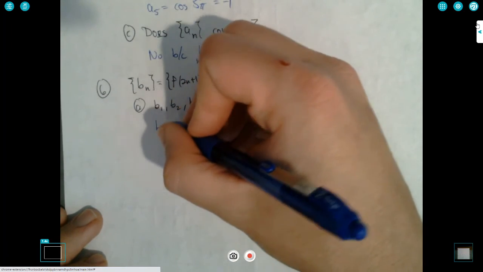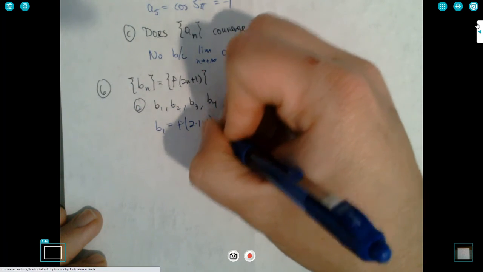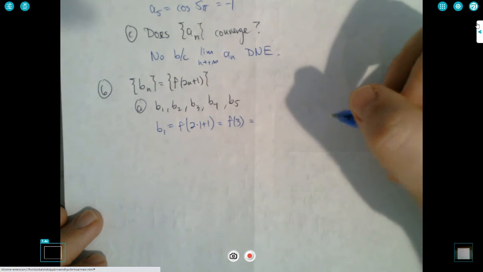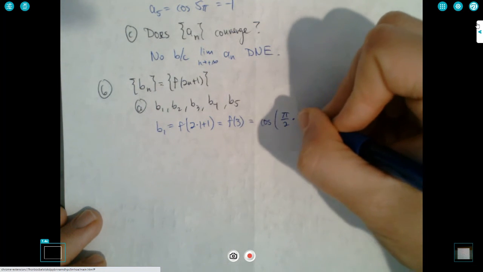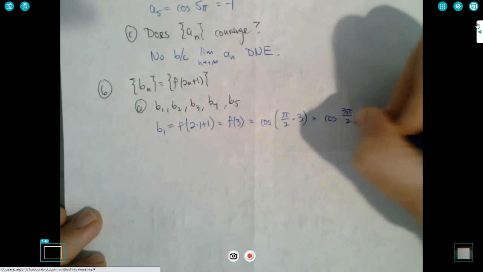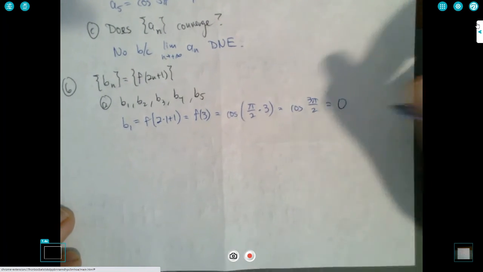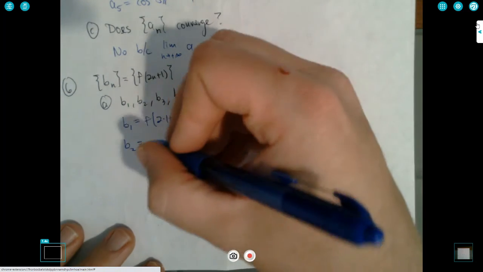Okay, so b1 would be f of 2 times 1 plus 1, so that's f of 3, which is cosine of pi over 2 times 3, or in other words, cosine of 3 pi over 2. And cosine of 3 pi over 2 is 0, right? b2 is f of 5.